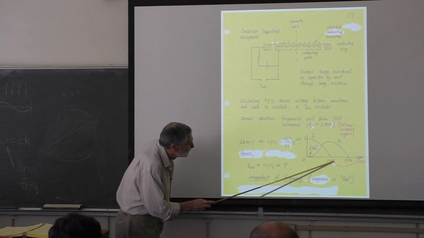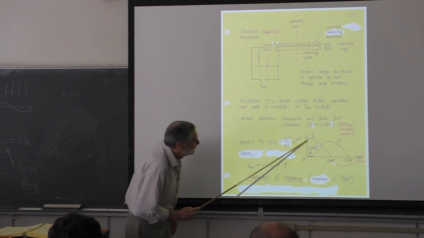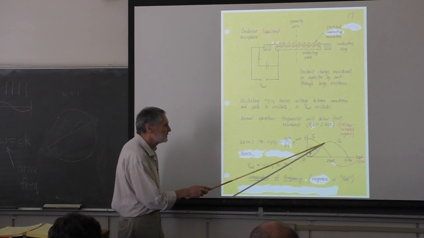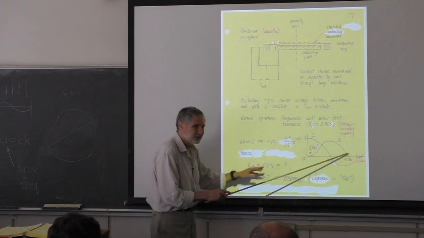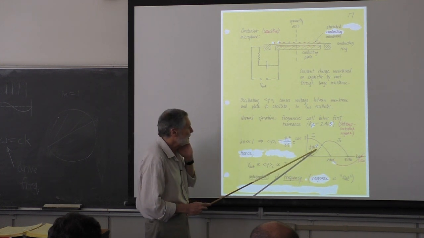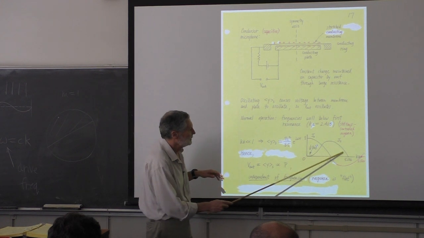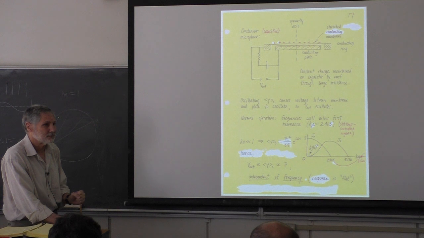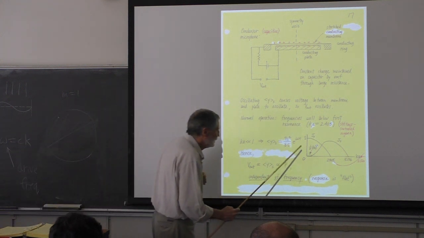Here's J0, and I've extended it here in the red. J0 starts off at 1, and it's roughly sinusoidal-like, and it damps out. If you get sufficiently away from the origin, it is a damped sinusoid, as we discussed.